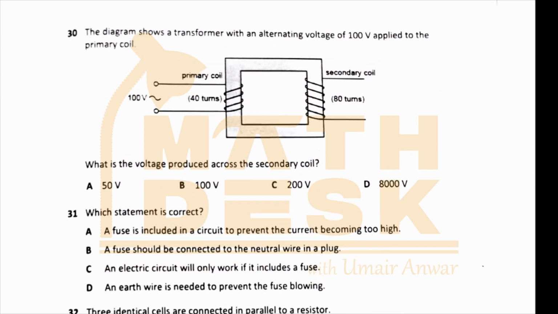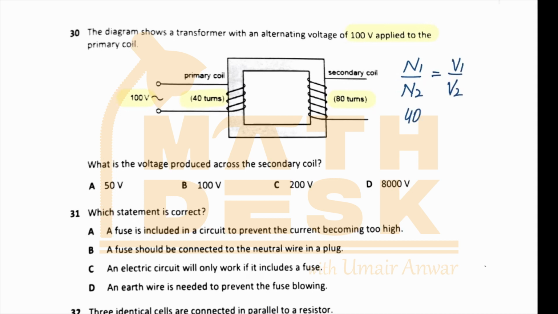The next question says the diagram shows a transformer with an alternating voltage of 100 volts applied to the primary. So we have 100 volts applied to the primary and 40 turns on the primary. The secondary coil has 80 turns. What is the voltage produced across the secondary coil? We know that the ratio of the number of turns is equal to the ratio of the voltage produced.